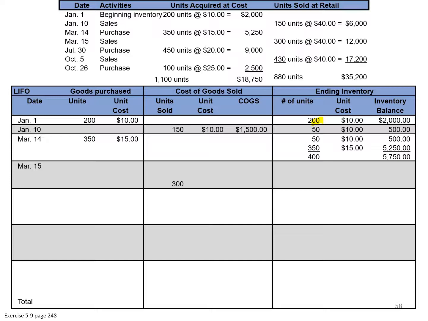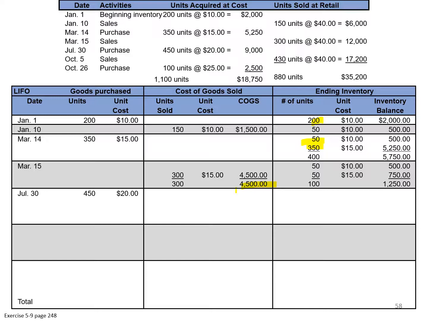So we made a sale of 300 units, and all 300 of those units are going to come out of this 350 because that's our latest purchase at $15 each for a total of $4,500 of cost of goods sold, which means we have 50 units left at our $15 price point, and we have our 50 units left at our $10 price point from this one right here for a total ending inventory of 100 units, or $1,250, and a total cost of goods sold of $4,500.